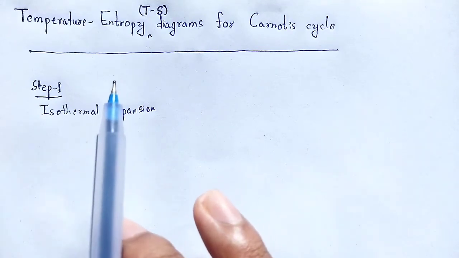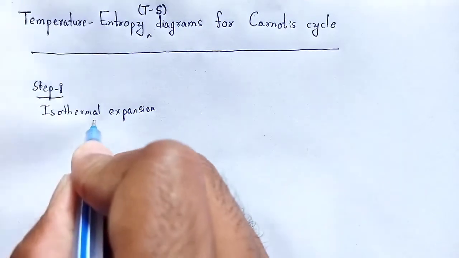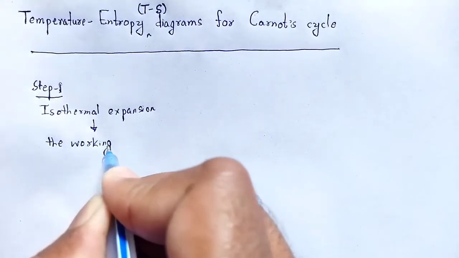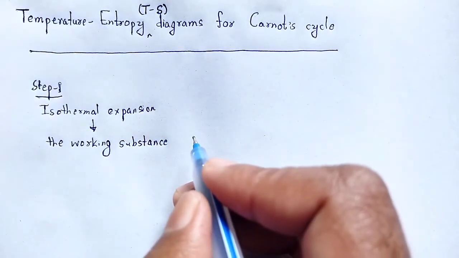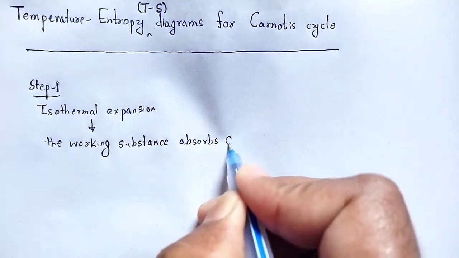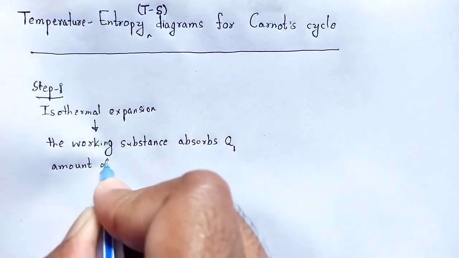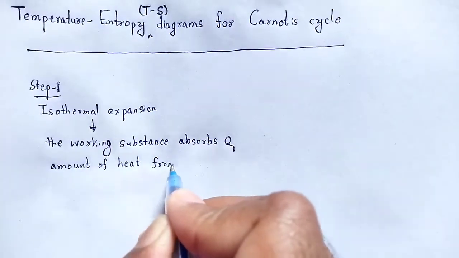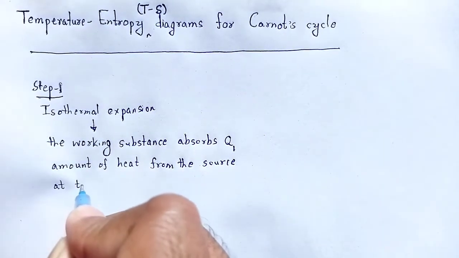The working substance absorbs Q1 amount of heat from the source at temperature T1.